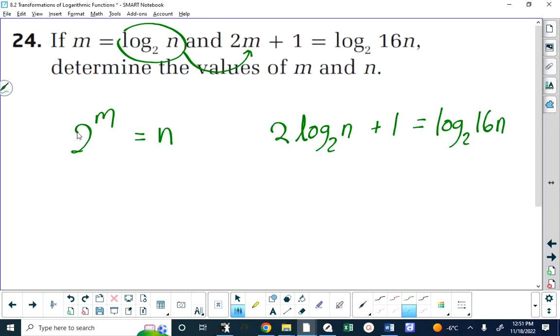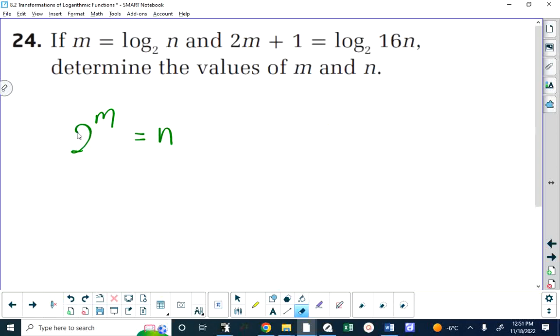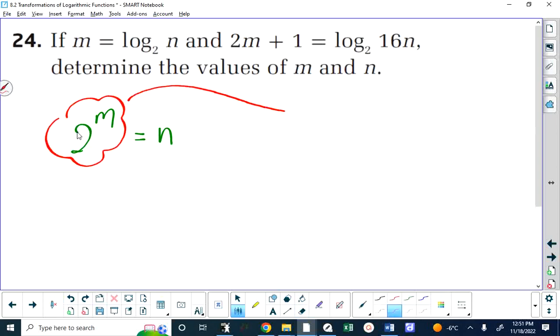So that method of substitution is no good. It doesn't lead anywhere. What may lead somewhere, though, is taking this and putting it in here. Because n is 2 to the m, and I have an n in the second equation, so I'm going to put 2 to the m there.